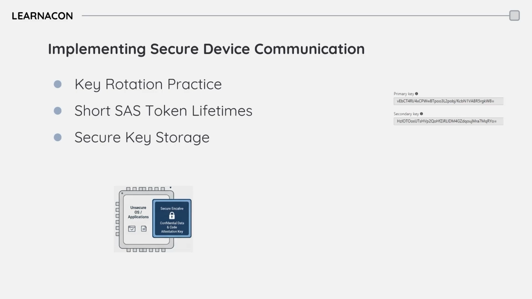It ensures that even if the operating system is compromised, the keys remain safe. A TPM is a dedicated hardware chip designed to securely store cryptographic keys and perform security-related operations. These practices help safeguard the IoT infrastructure against unauthorized access and potential vulnerabilities.